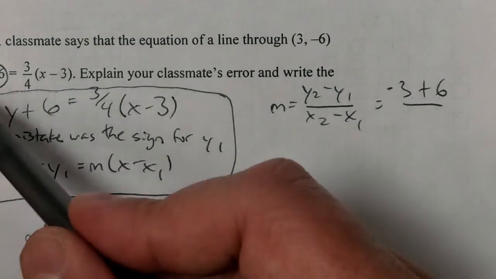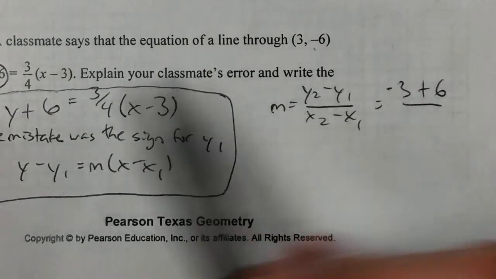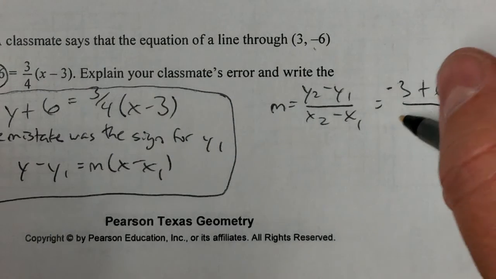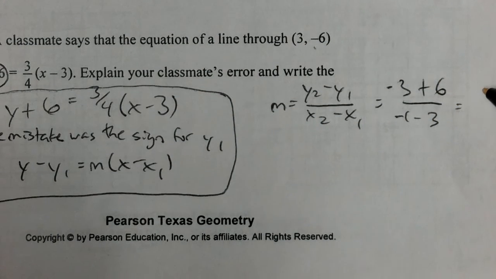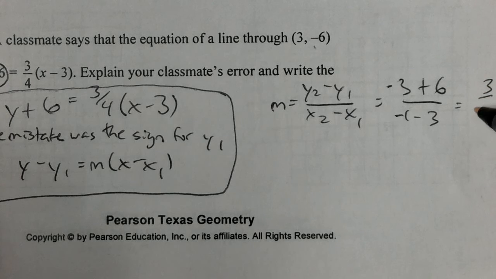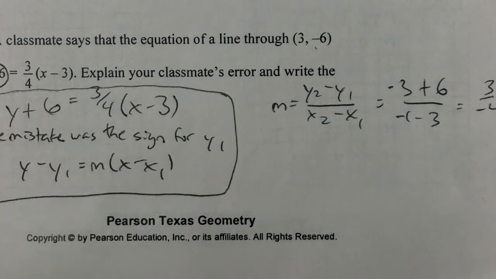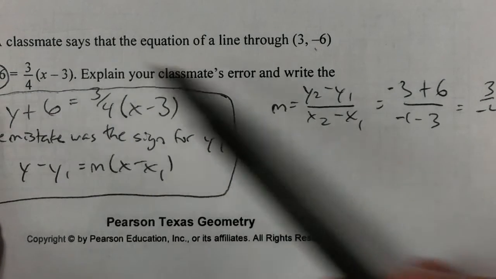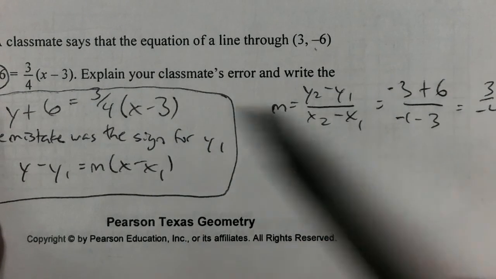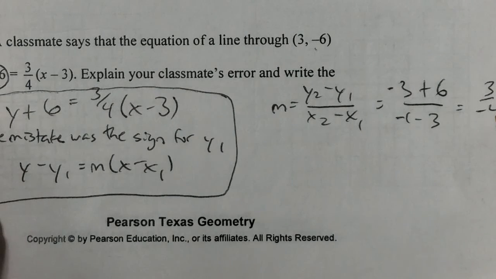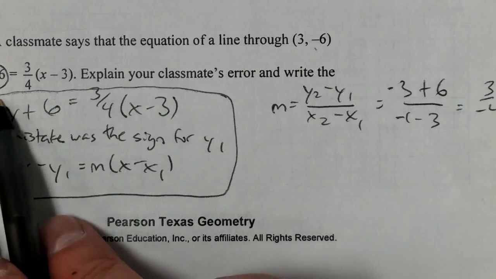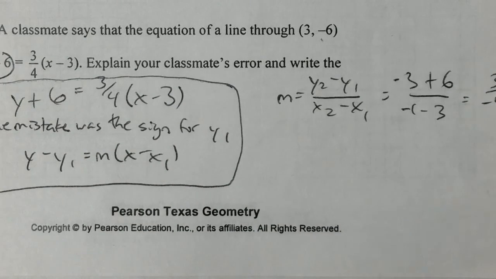Okay, so -3 plus 6, and then -1 minus 3. So this is 3 over -4. -3 minus a -6 and -1 minus 3. So another mistake is the slope should be negative.